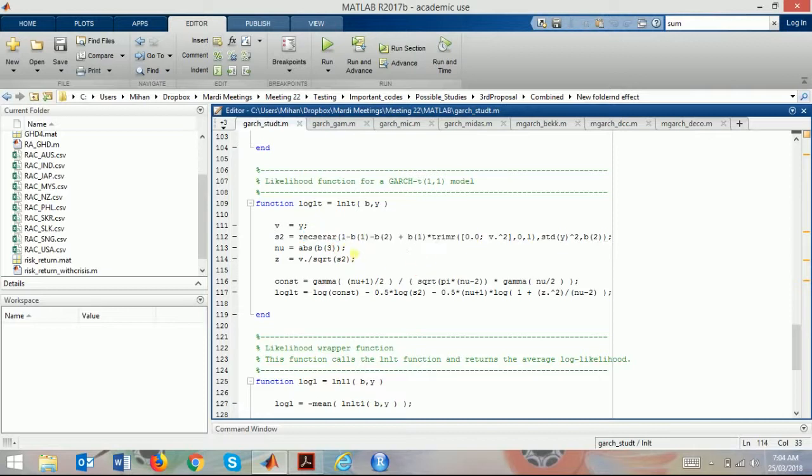So first comes the equation: 1 minus beta1 minus beta2, plus beta1, that is a constant amount, plus beta1.